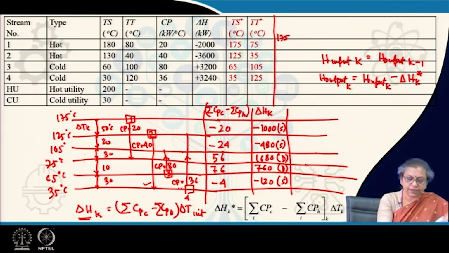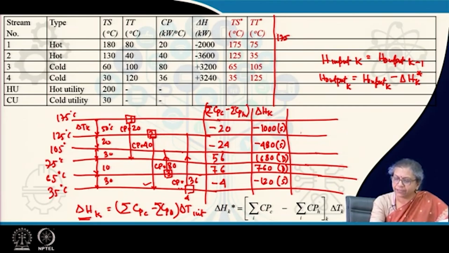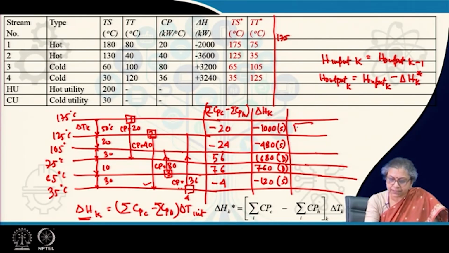So, I start numbering from the top. For any particular cascade, the heat which is entering it is the same as the heat which is coming from the upper cascade, and the heat which is going out from here is the heat which has entered here plus the delta H k star here. So, for each cascade, in this case the amount of heat generated is minus 1000.